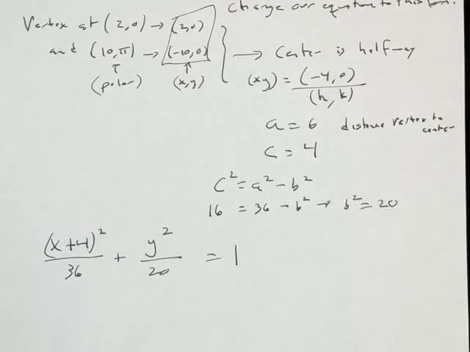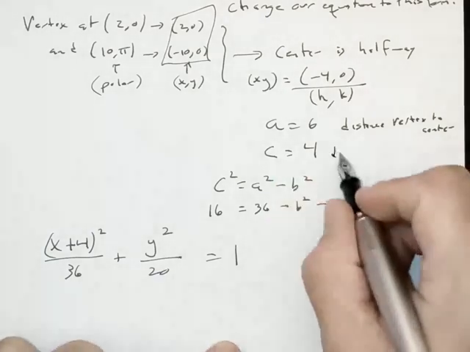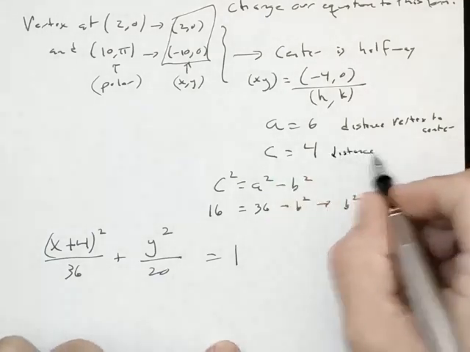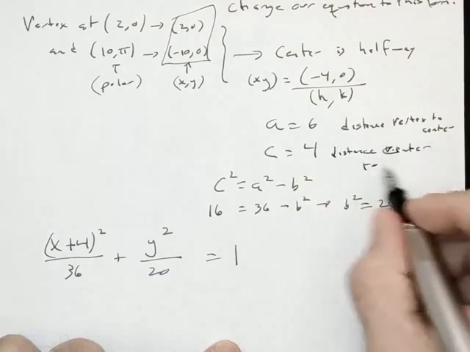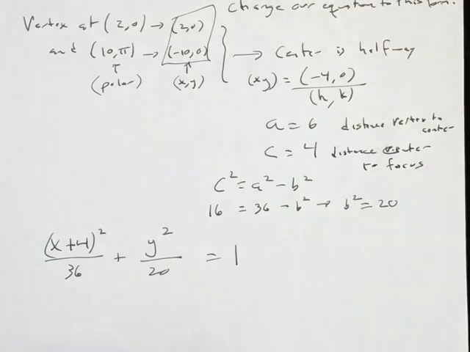So that's my distance. C is the distance from the center to a focus. And there's a focus at 0, 0, always in a polar conic section. So from -4, 0 to 0, 0, 4 units.